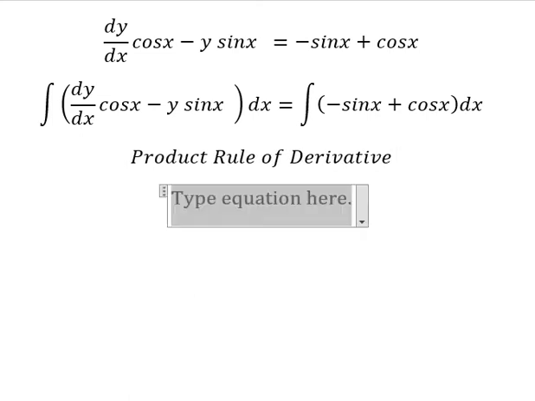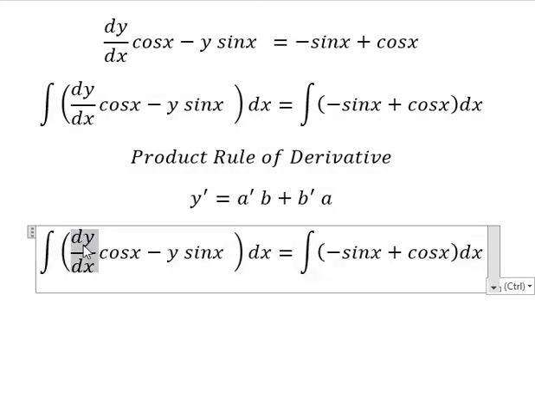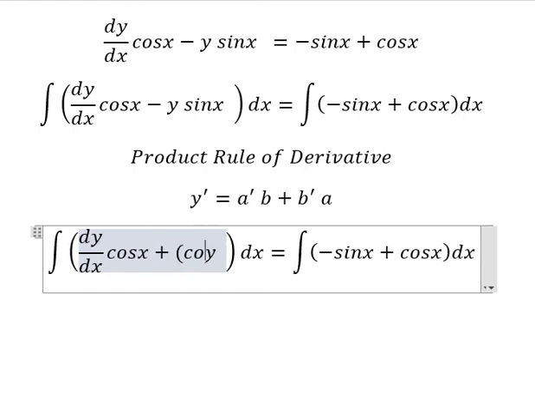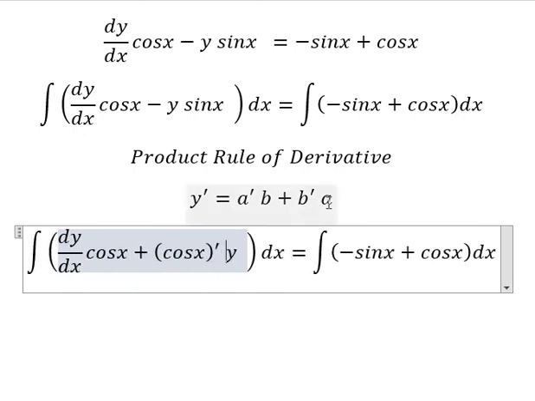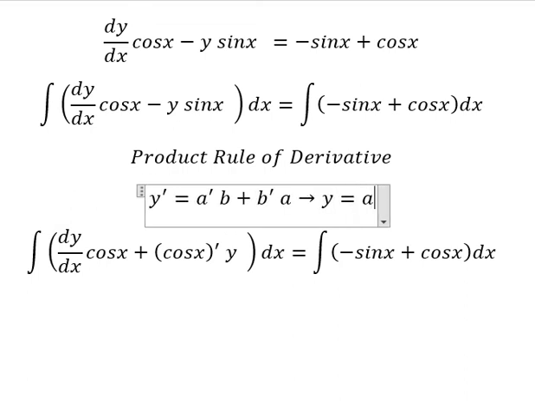So we need to use the first derivative of y equals the first derivative of a multiplied by b plus the first derivative of b multiplied by a. So if we look carefully at this one, we have the first derivative of a multiplied by b, and this one we have the first derivative of b multiplied by a. So the integration of this one, we have y equals ab.